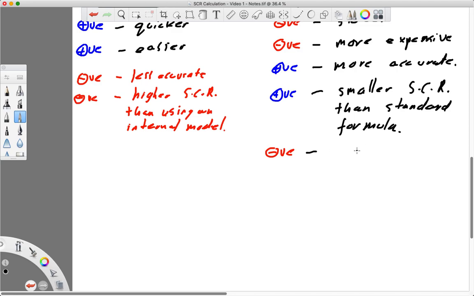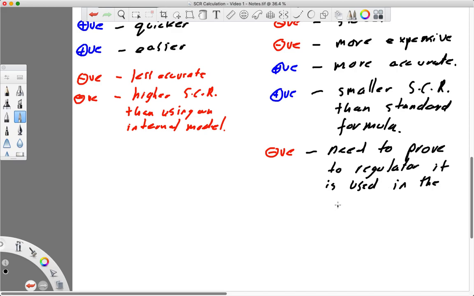Okay, a kind of complicated negative is that you need to prove to the regulator it is used in the management of the company.